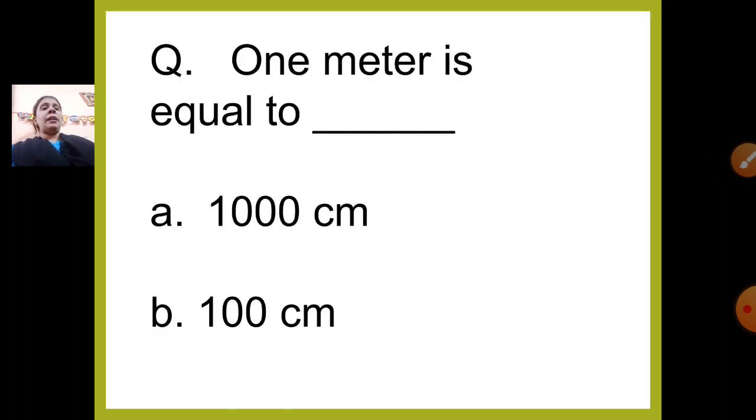Now, 1 meter is equal to dash. Option A, 1000 centimeter or option B, 100 centimeter.